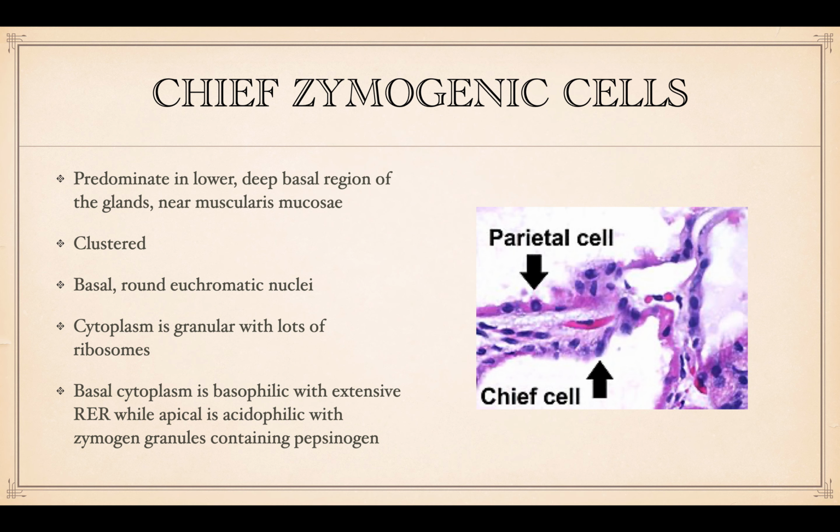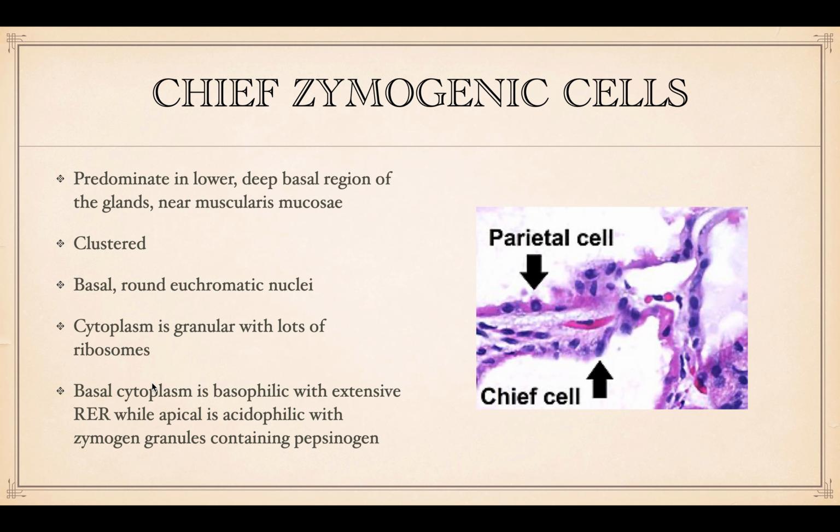So the chief zymogenic cells are going to be really predominant in the lower deep basal region of the glands, very close to the muscularis mucosa, and they're in clusters. They have basal, round, euchromatic nuclei, and the cytoplasm is going to be granular with a lot of protein-building structures, also known as ribosomes.